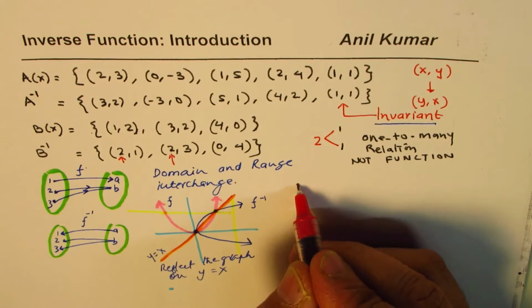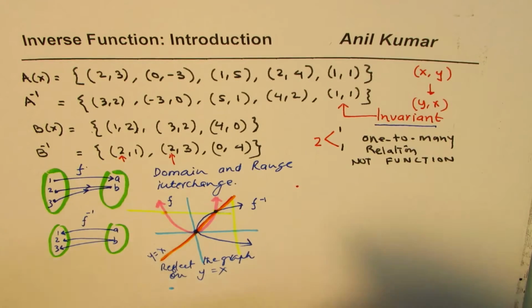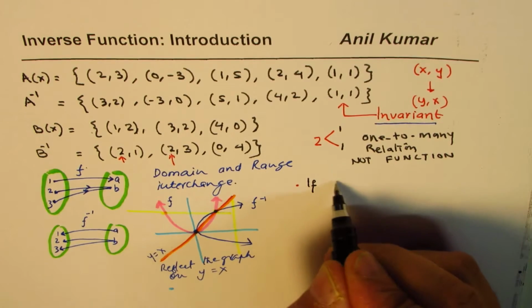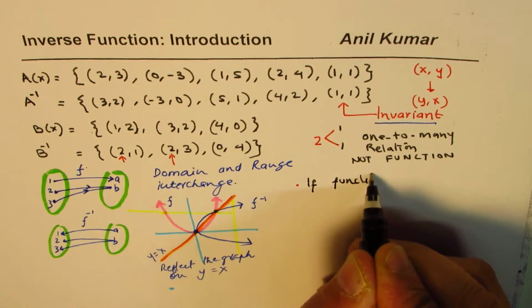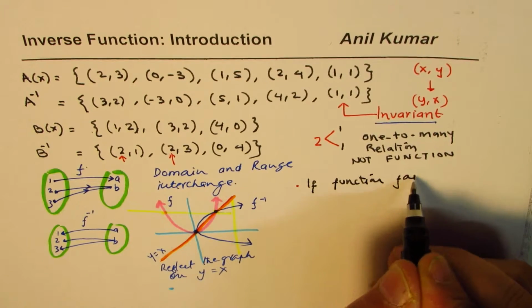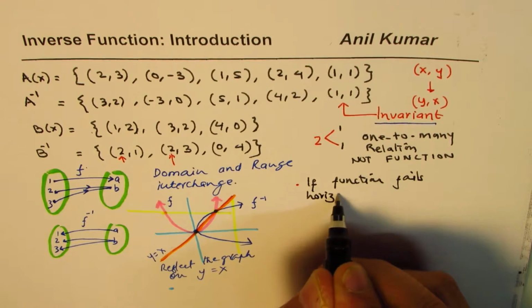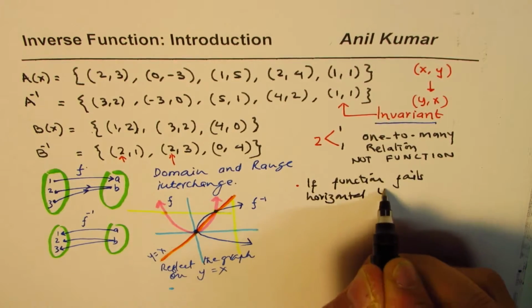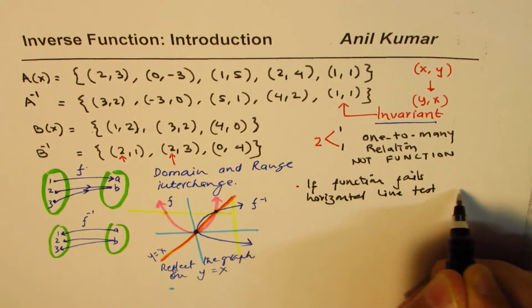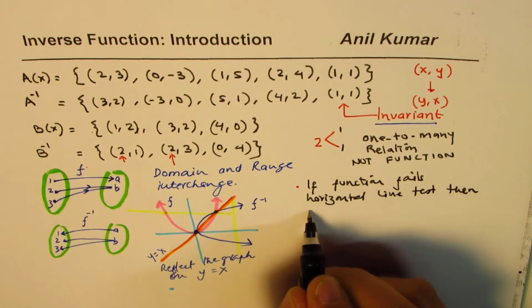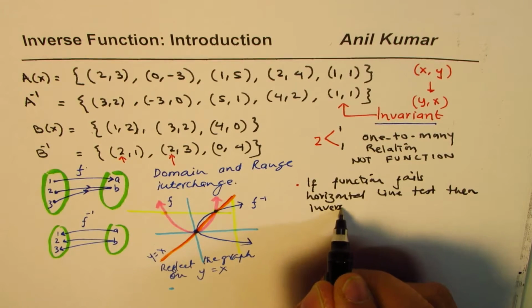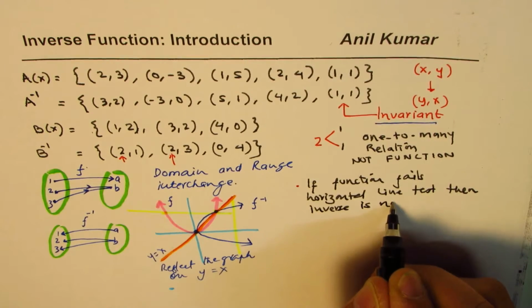So what we learned here is that if a function fails the horizontal line test, then its inverse is not a function.